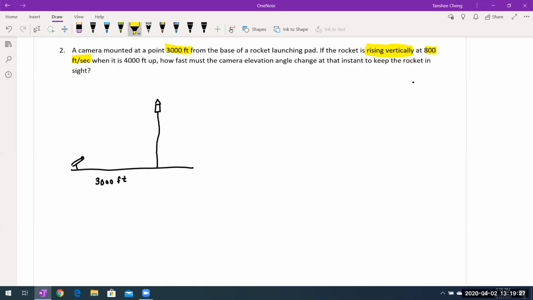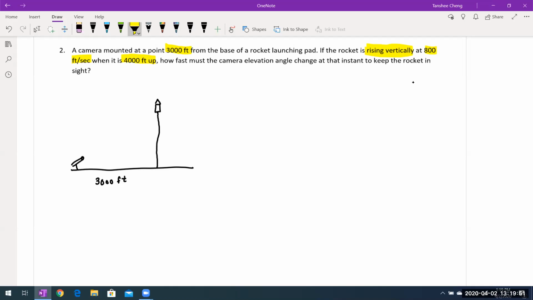It is not going 800 feet per second everywhere. If you read it carefully, it is saying that the rocket is rising vertically at 800 feet per second when it is 4,000 feet up. So that means this is an instantaneous rate of change at this height.